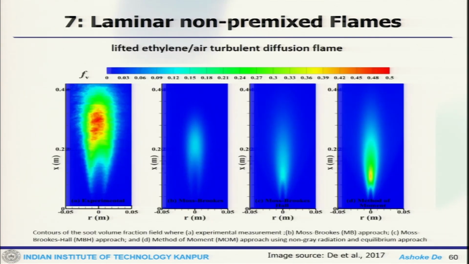Just to give you an idea, a lot of computational effort has gone into the prediction of soot. There are different models. Say, one lifted ethylene air flame, with the experimentally observed soot volume fraction, and this is how one can computationally obtain it. This is another area which requires a lot of attention, especially under turbulent conditions where you get soot.